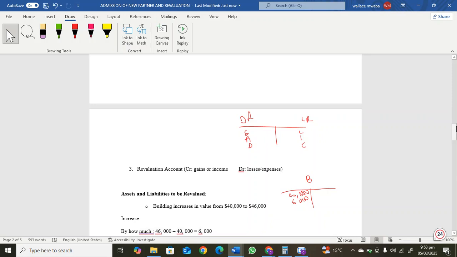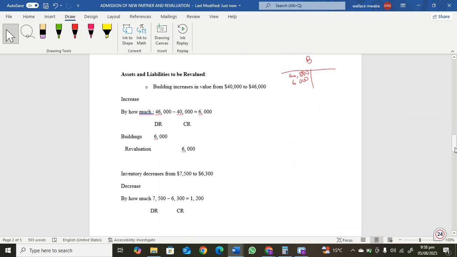There's another trick, but that one's for memorizing, where you say, okay, increase in an asset, you're crediting valuation. Decrease in an asset, you're debiting valuation. But if you remember it like that, you might forget. But when you remember it according to the double entry rules, it will make life easy for you.